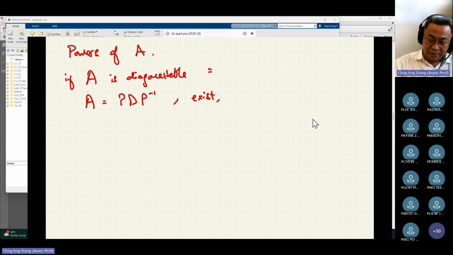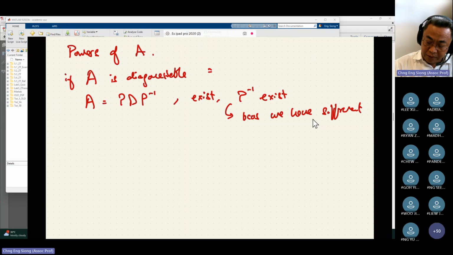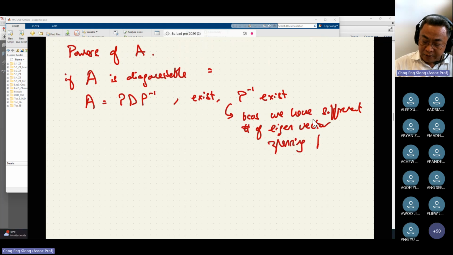Who exists? P inverse exists. Why does P inverse exist? Because we have a sufficient number of eigenvectors spanning R^n, n by n.